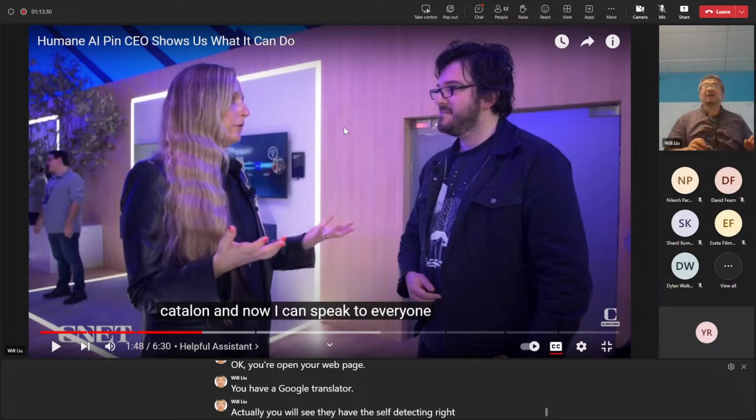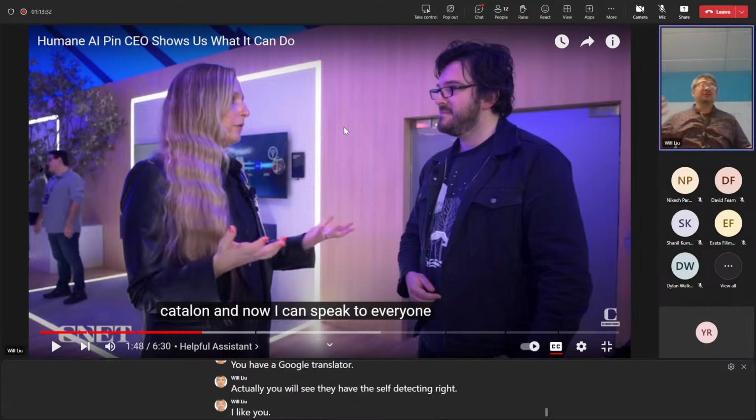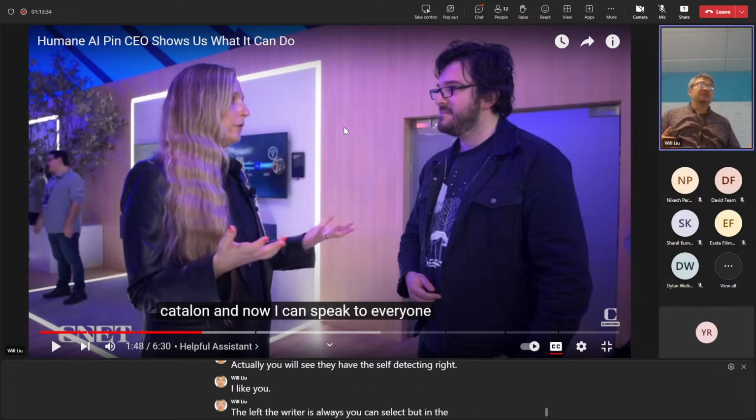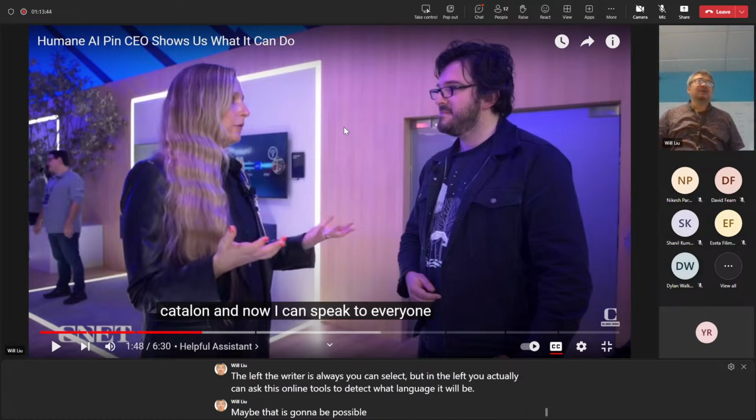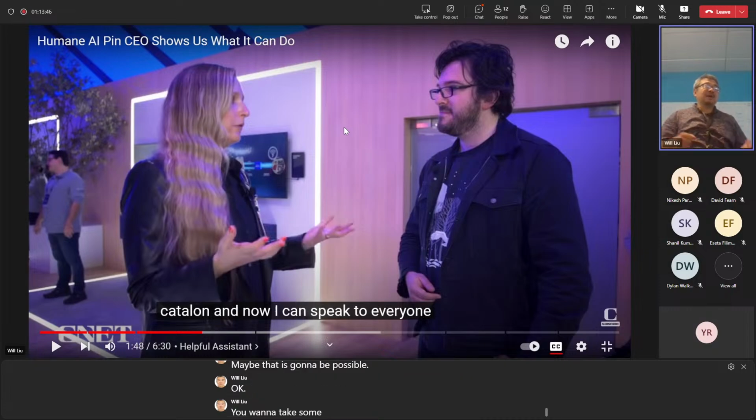On the right you can always select, but on the left, you actually can ask these online tools to detect what language it will be. Maybe sometimes that is quite possible.